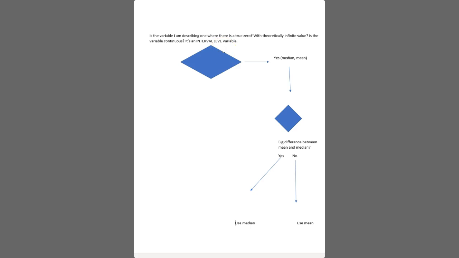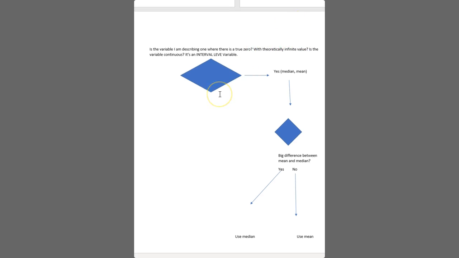If the answer is yes, then consider using the median in your description of the measure of central tendency for your variable. If the answer is no, then consider using the mean as your descriptor. Hopefully this helps. I think this should get you thinking correctly about the variable.